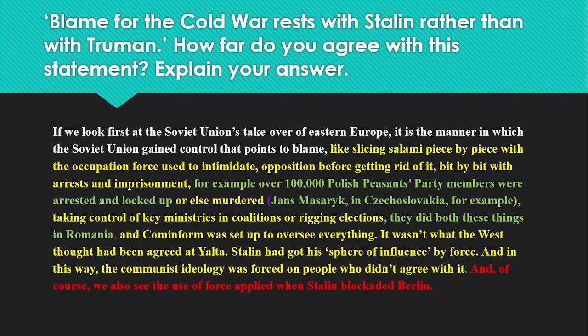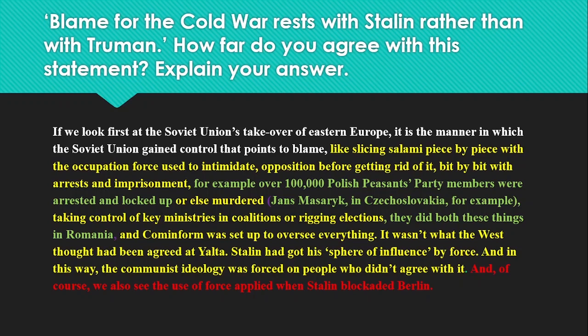And again, white signifies the point, yellow the explanation, green indicates evidence supplied, and red is my link. And in this example, you'll see that my PEEL dips in and out of the explain and provide evidence. But it's natural to do that sometimes.